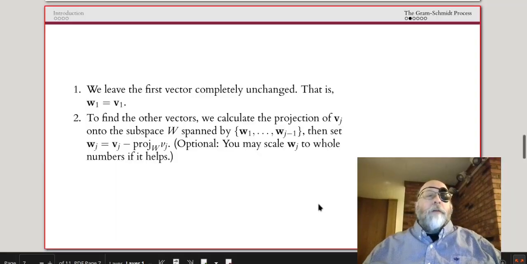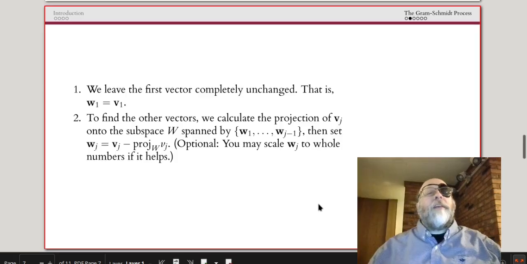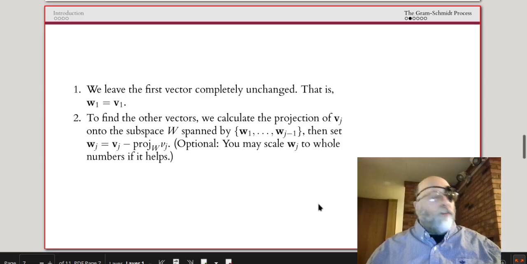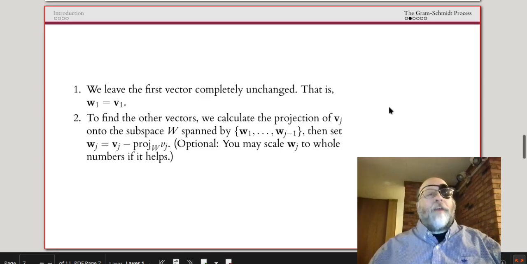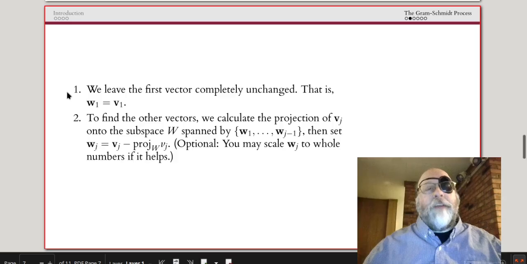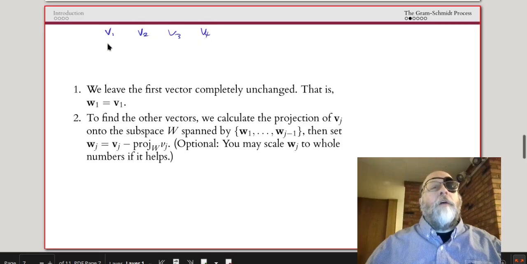All right, so the first step in the process, we're going to just take this first vector and just leave it completely unchanged. The first replacement vector, W1, is exactly the same as the original first vector. That step's easy. So when I have my V1, let's say we have 4 vectors in our basis. I'm going to just calculate W1 by doing nothing.